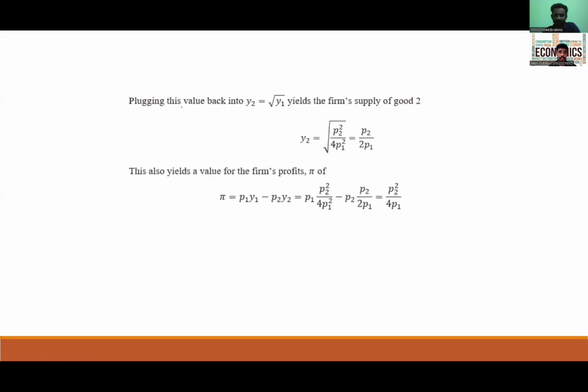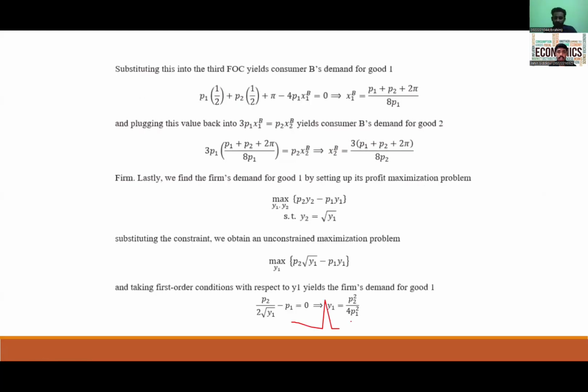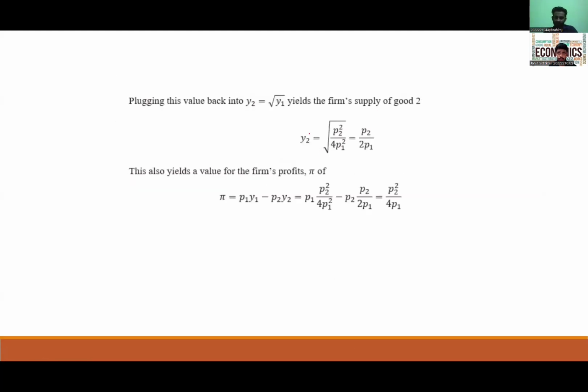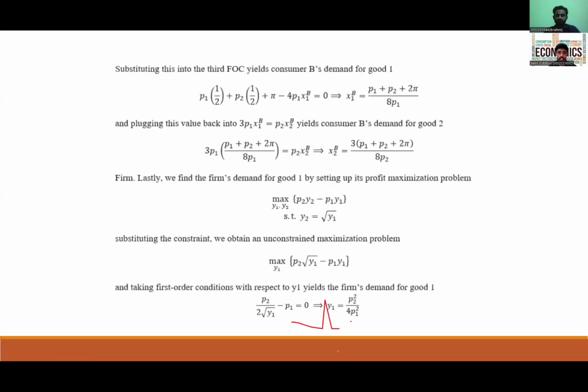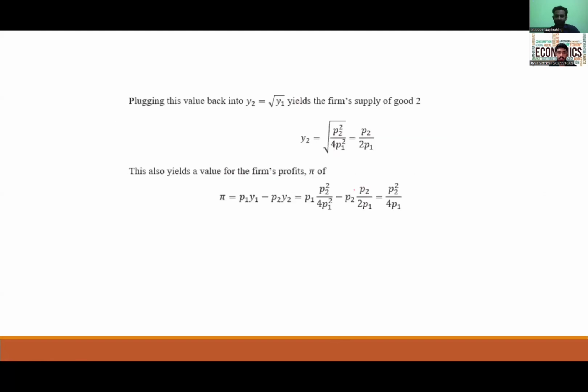Then plugging this value back into y2 equal to root y1, in the equation we generated earlier, we can get the farm's supply of good 2, which is y2, and this is the production. This shows the demand for good 1 faced by the farm.